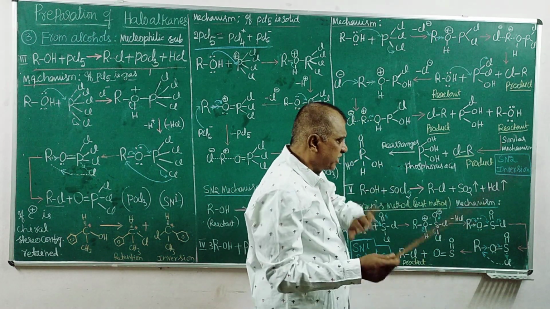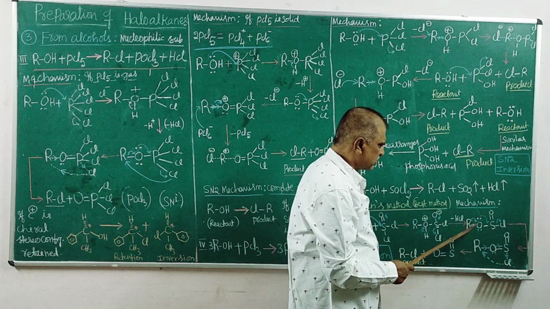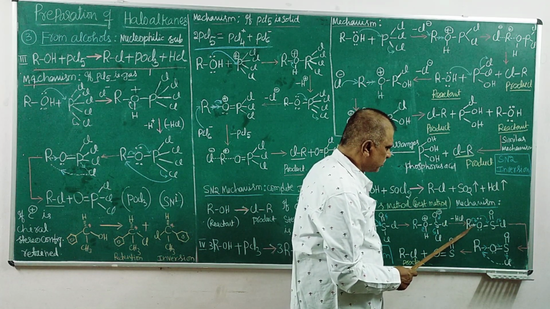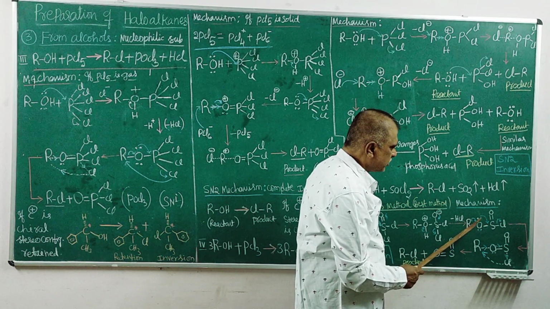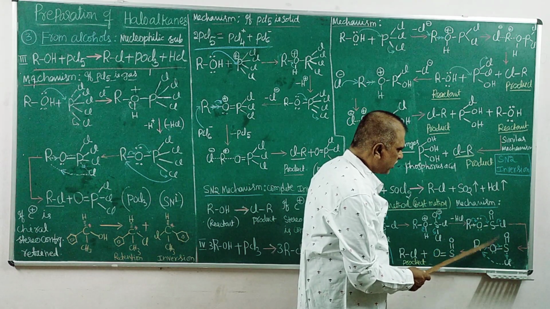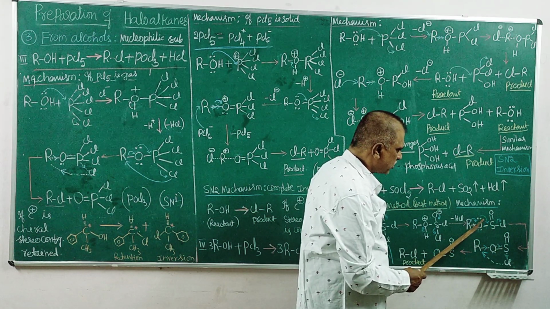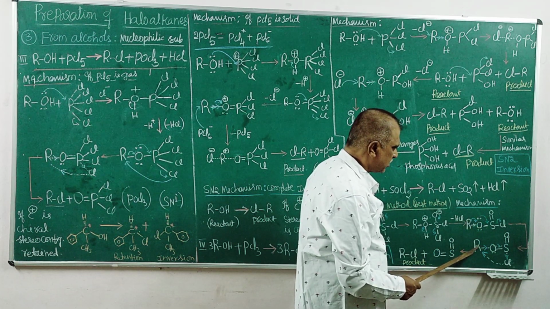This undergoes further rearrangement. So what kind of rearrangement here? This begins to break. This again begins to form a chemical bond. This lone pair of electrons begins to form a chemical bond, a double bond like this. And this breaks as carbocation.